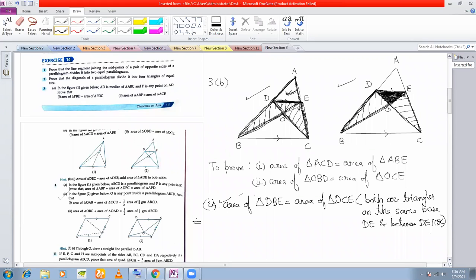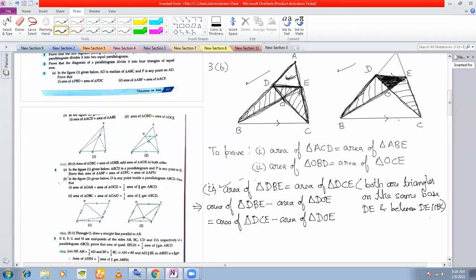So what I'm going to write here is, area of triangle DBE minus area of triangle DOE is equal to area of triangle DCE minus area of triangle DOE. I've simply subtracted the area of the shaded triangle, DOE.